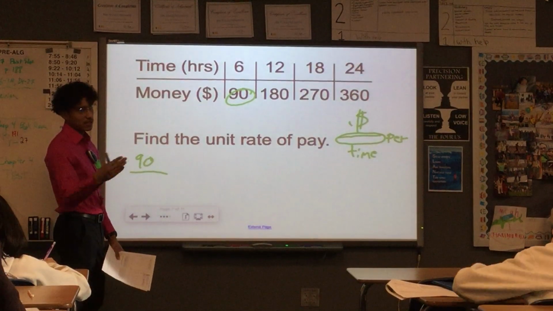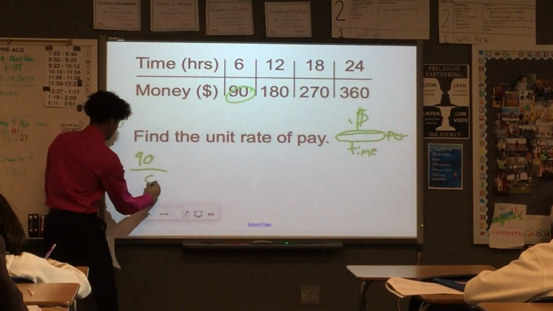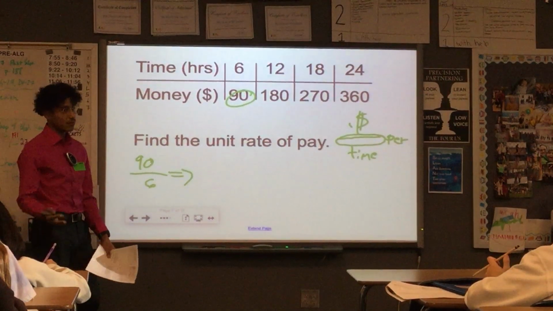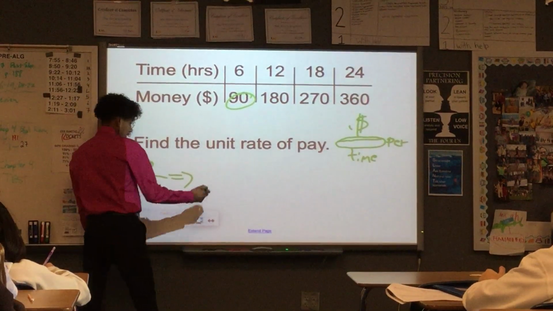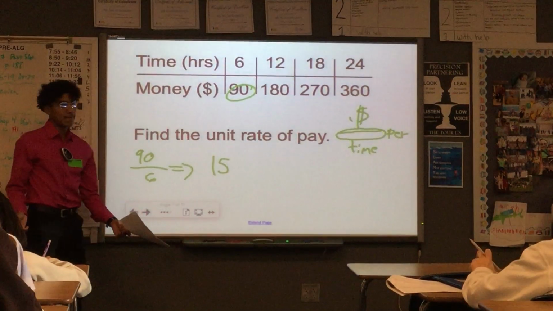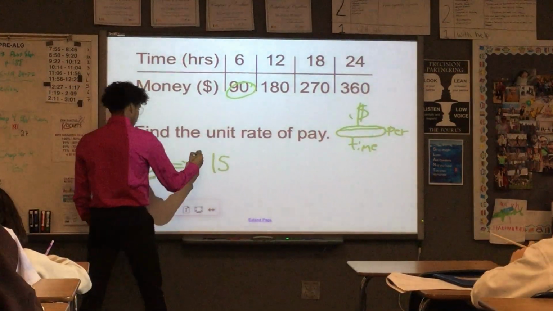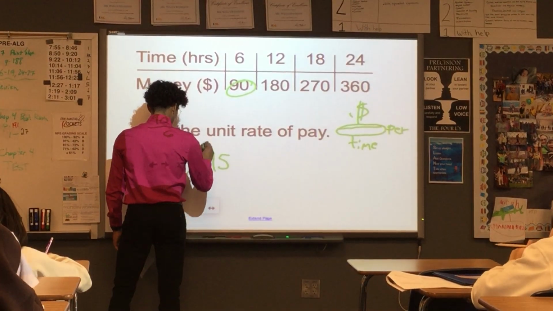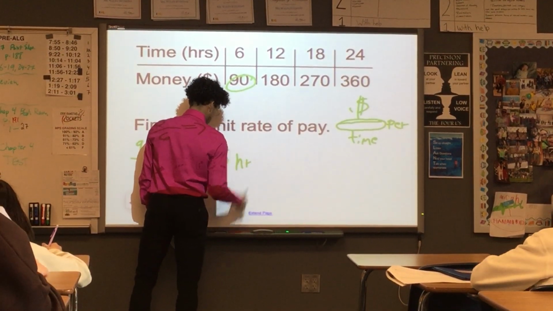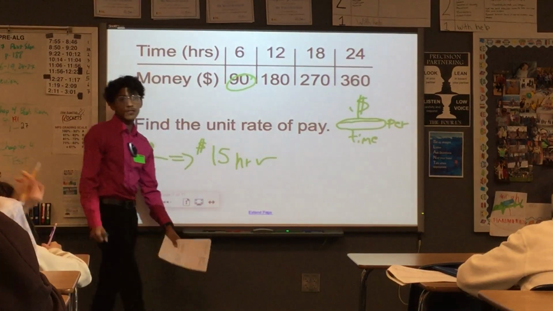Because that's our time. That's at the bottom, right? So then we go ahead and simplify that. 90 divided by 6 is 15 when you put it on your calculator. So then you have 15 what? Dollars per hour. Yep. Those are our 2 labels. Dollars per hour. Any questions?